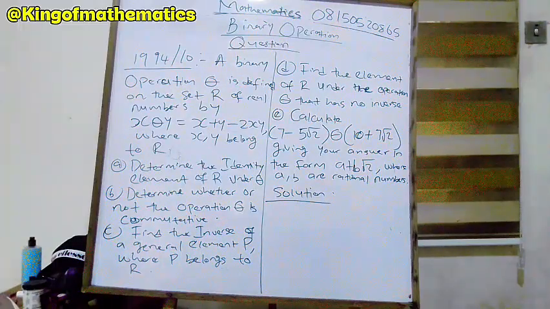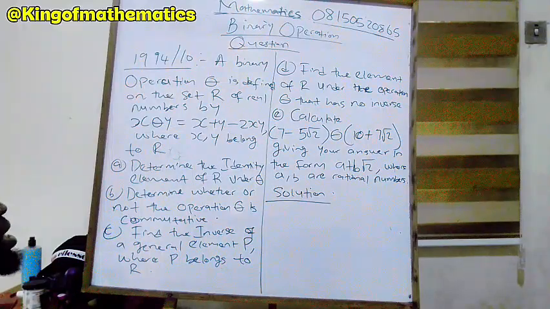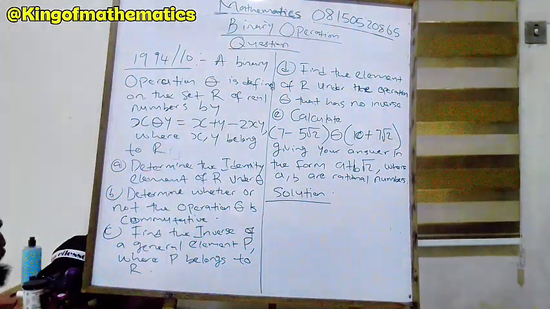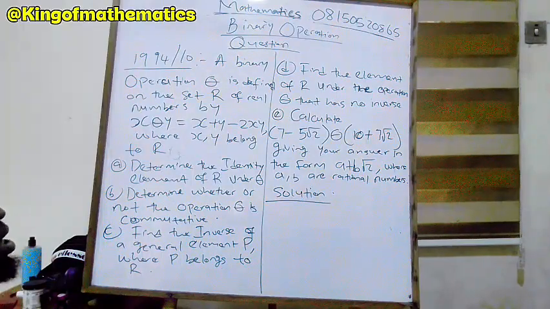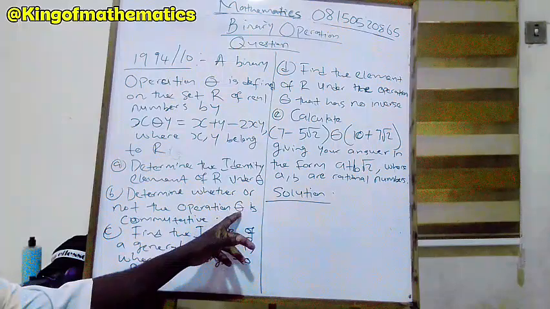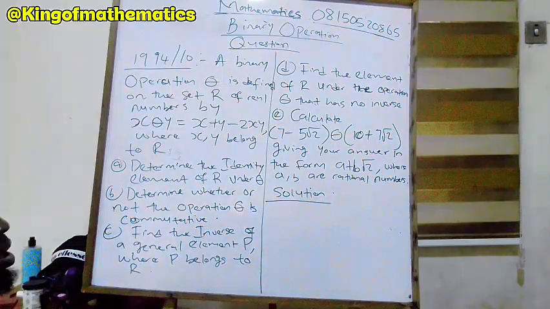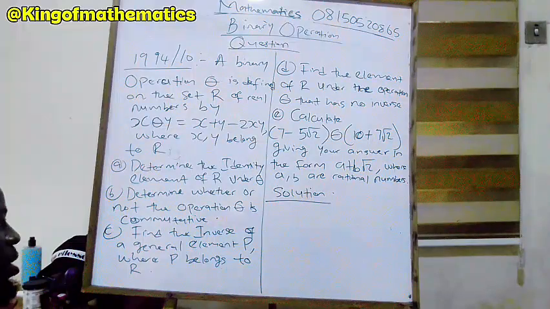Now, here are the things they want you to solve. The first one is determine the identity element of R under the operation. Number two says determine whether or not this operation is commutative. Then C is talking about find the inverse of the general element P, where P belongs to R, that is real numbers.